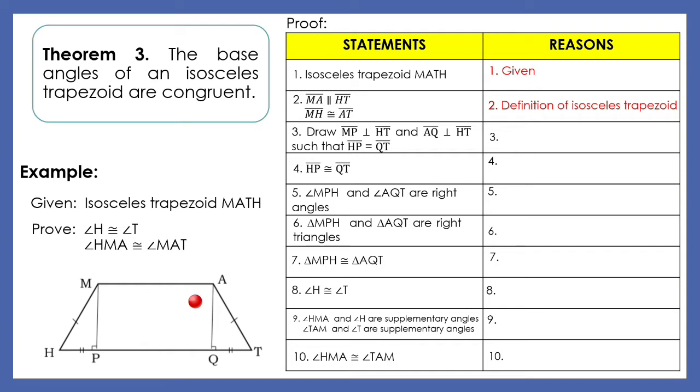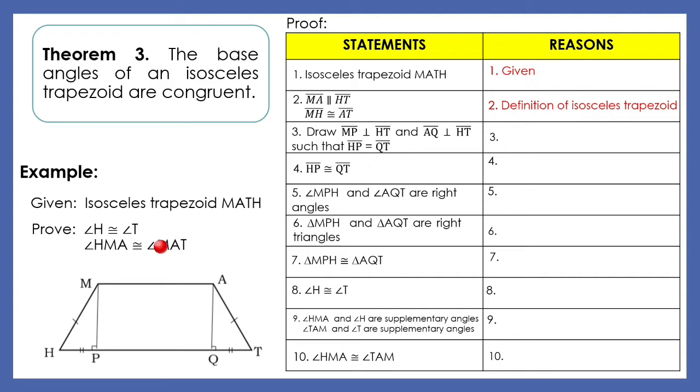For statement number 3, we have to draw line segment MP perpendicular to line segment HT and line segment AQ perpendicular to line segment HT such that line segment HP is equal to line segment QT.